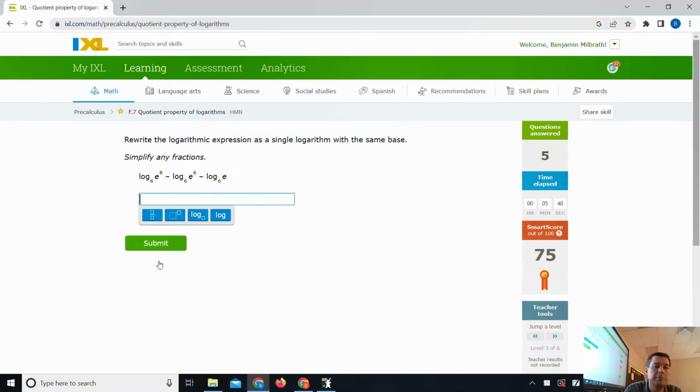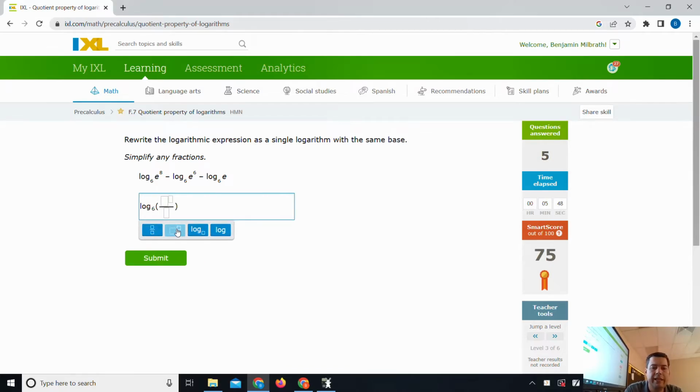This one's going to need some simplification. We're going to have a log base 6, and I'm just going to kind of work it out here. Up top, I would have e to the 8th.